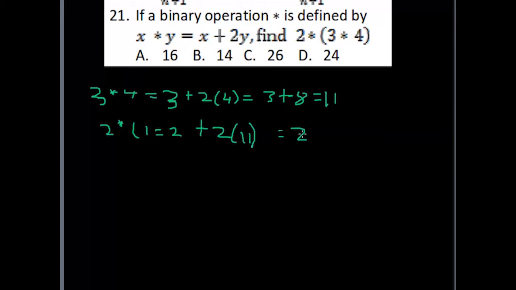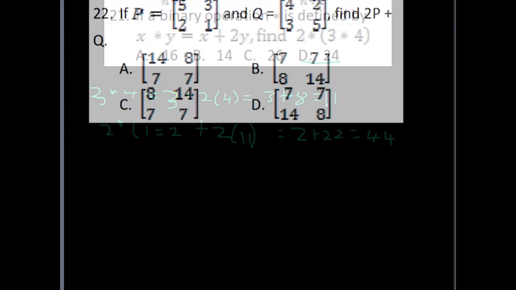That's 2 times 11, 22, which makes it 44, which makes option D the correct one.